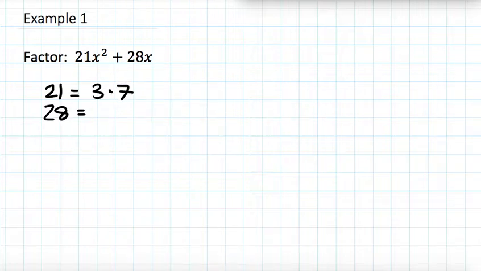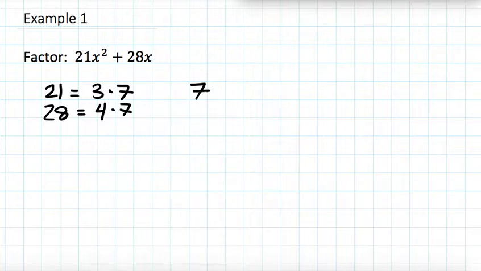I know that 28 is also divisible by 7. It's 7 times 4. And so now this tells me that they have a 7 in common. And when I look at the 3 and 4, they should not have any numbers in common. Otherwise, 7 would not be the greatest number that they can both be divided by. And if you don't take out the biggest number, then it's going to be the wrong answer.